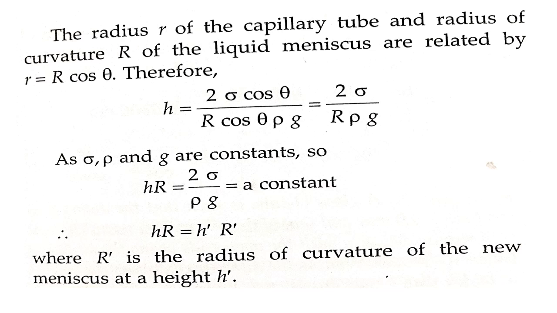And if it is constant, then it must be constant for any other pair of h and R. Means h into R equals h dash R dash, where R dash is the radius of curvature of the new meniscus at any height h dash.